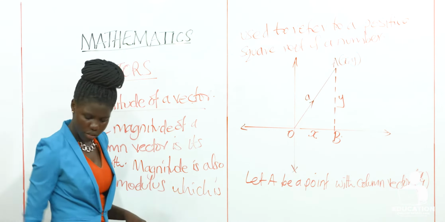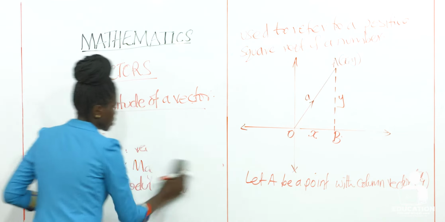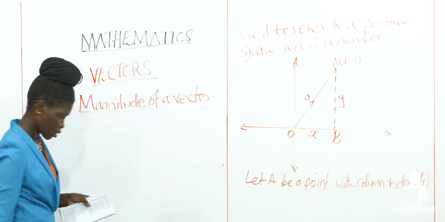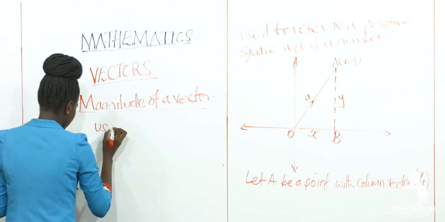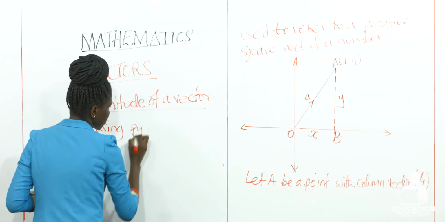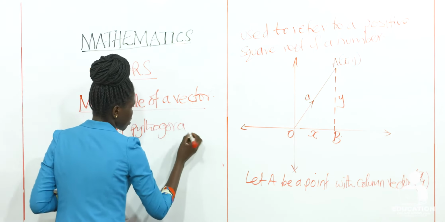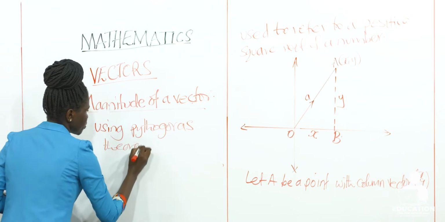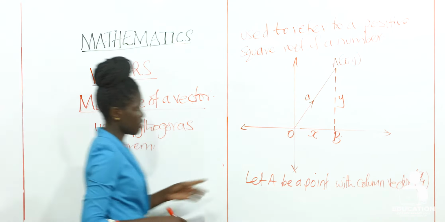So we are saying, using Pythagoras theorem, we need to get the other direction, the value or the length. Using Pythagoras theorem, we are now taking the sides according to the order.